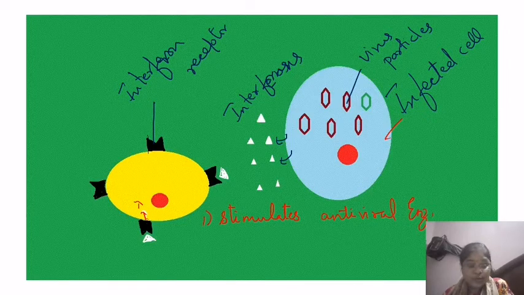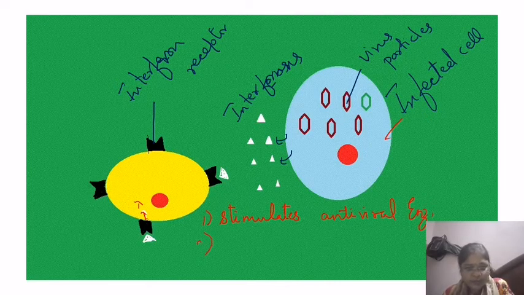So in these cells, antiviral enzymes will become active. Now when any virus tries to enter that cell, these enzymes are ready to chop up the viral particles. You get it?